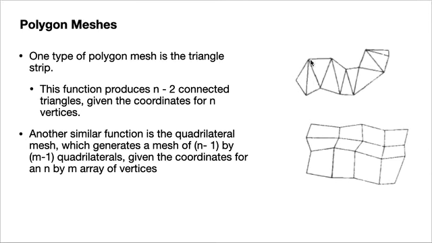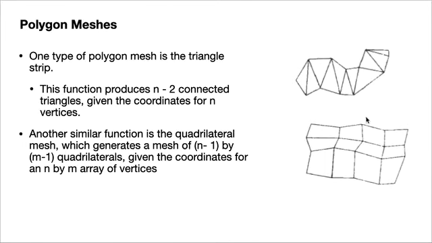So, if you are given 10 vertices, then n minus 2, that is 8 connected triangles, will be created.